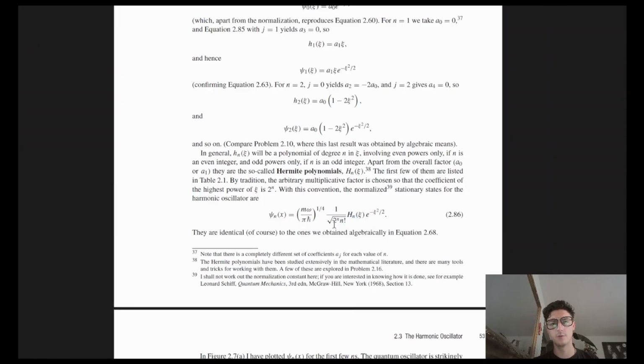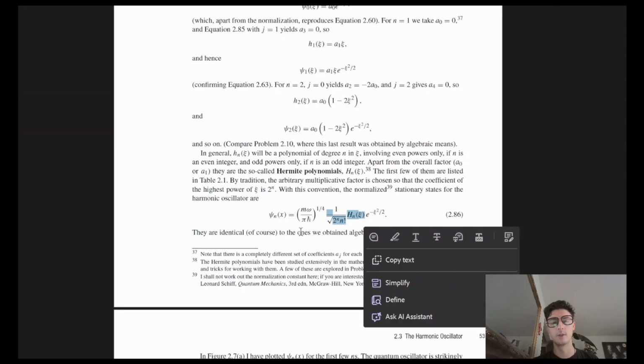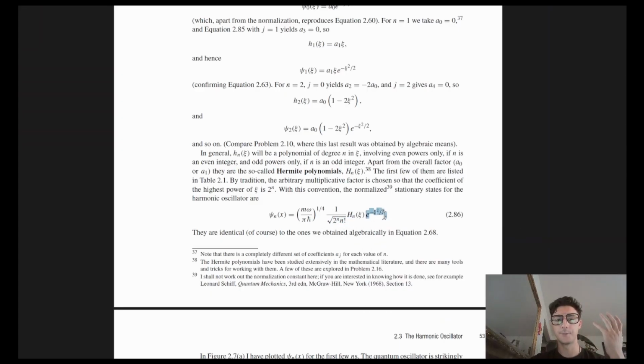So all of this gets removed. 2 to the power of 0 is 1, 0 factorial is 1, 1 over 1 is 1. So basically, this whole thing gets removed. So the ground state wave function looks like this exponential, this Gaussian exponential, and a normalization factor in the front. If you apply the raising operator, you can get the excited states and you can get the excited state energies. So 2 different methods of solving this.